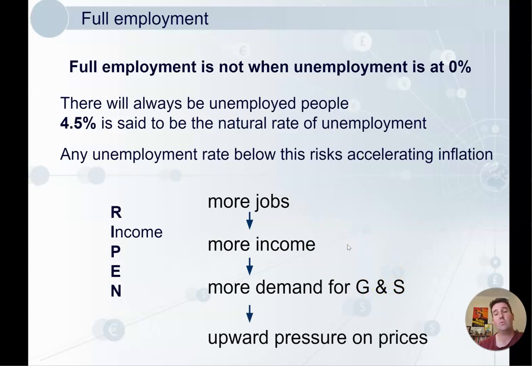The demand for goods and services, we've seen that in microeconomics. You increase demand for a good, price goes up. You put upward pressure on the price. So that's going to increase inflation. The more jobs that we have, so the lower unemployment rate we have, that risks putting prices up.